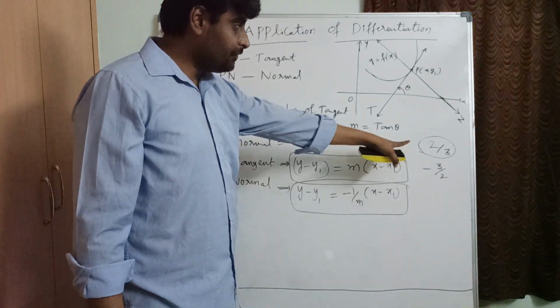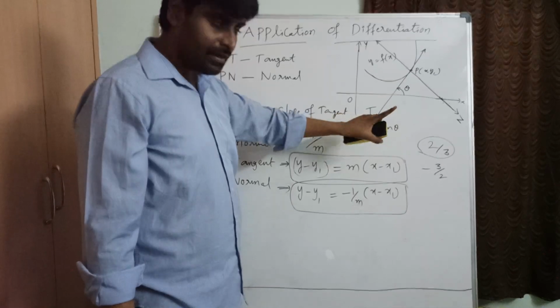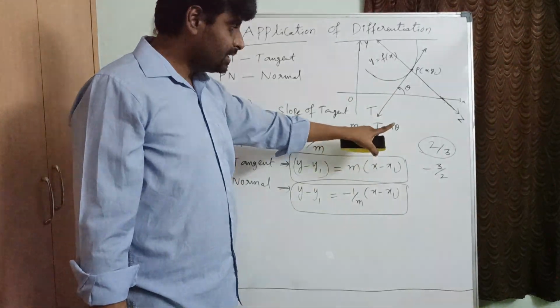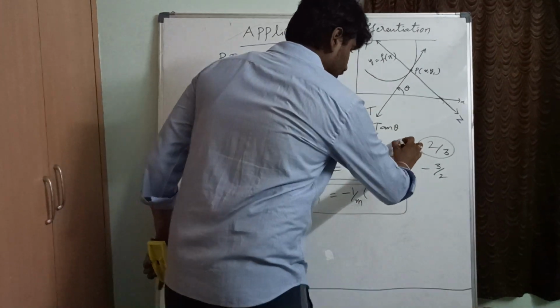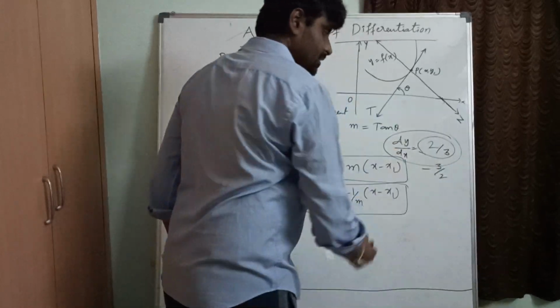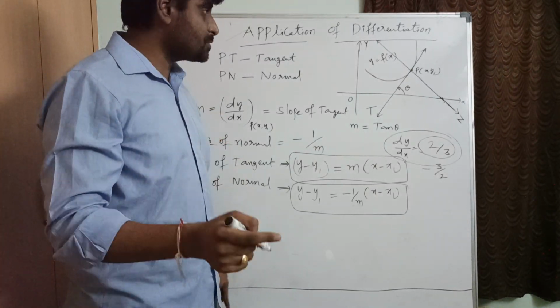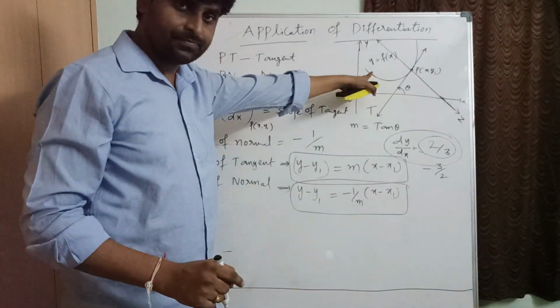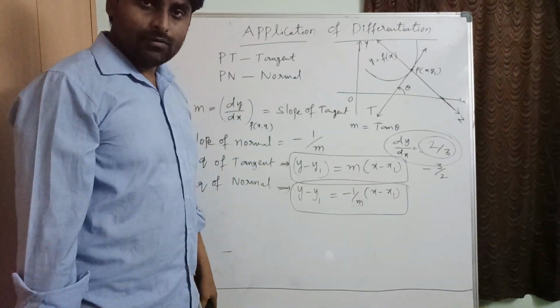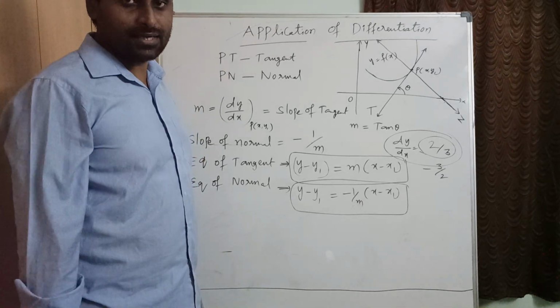Then how can we find the point of contact? Just take the given curve, differentiate that, we'll get dy by dx, and we should equate it to the given slope. Then we'll get the x coordinate of the point. If you substitute that x coordinate in the given curve equation, we'll get the y coordinate. So finally we'll get the point or points on the curve.